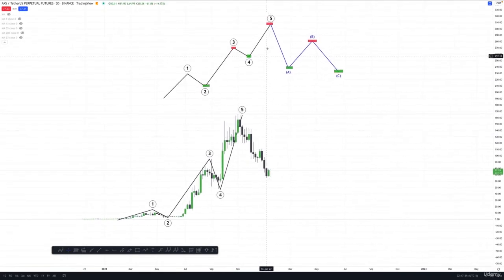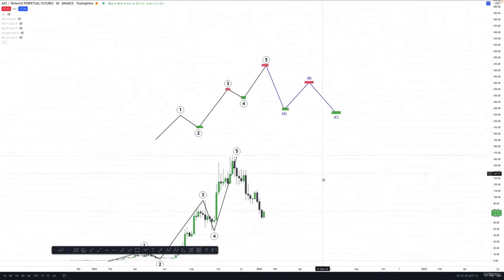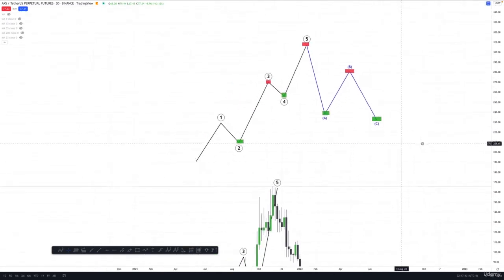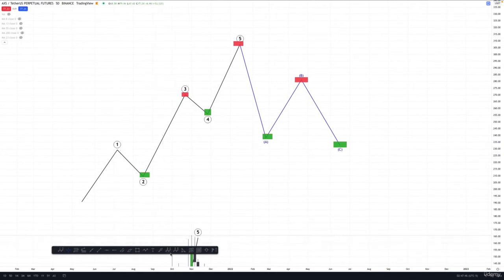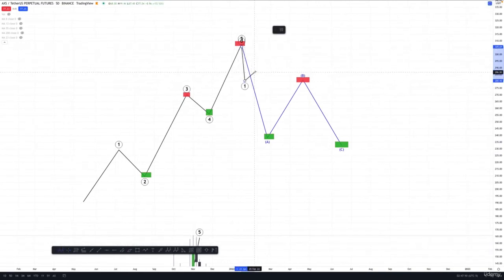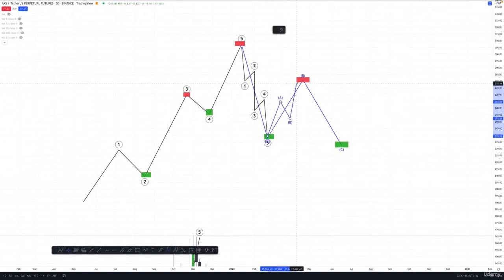Now we are here at this structure where ABC is remaining. If you remember, we discussed the ABC structure as well, what the wave structure is inside ABC. And we know that most of the time, A contains 5 waves. So 1, 2, 3, 4, and 5. And inside B, we have a 3 wave structure, that is ABC again.